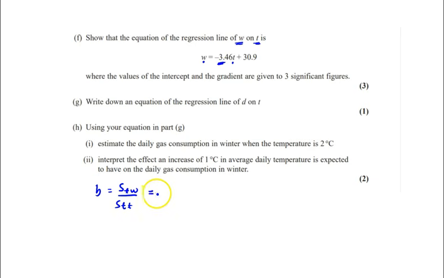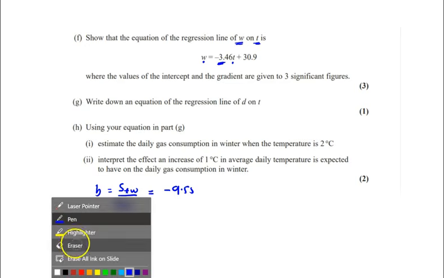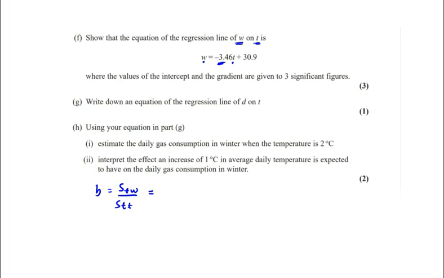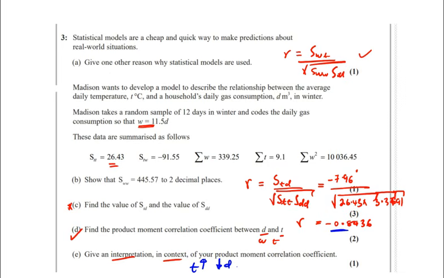But we know we have S_TW, which is negative 91.555, from this one over here.